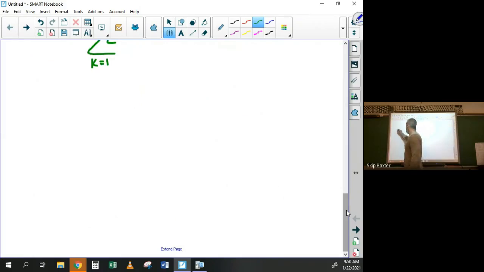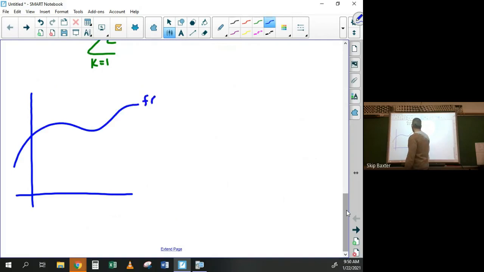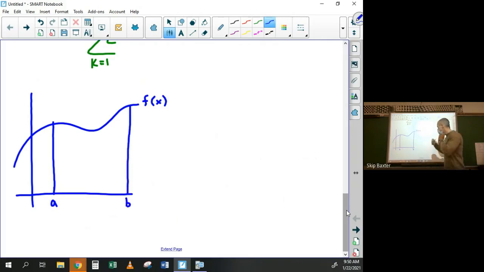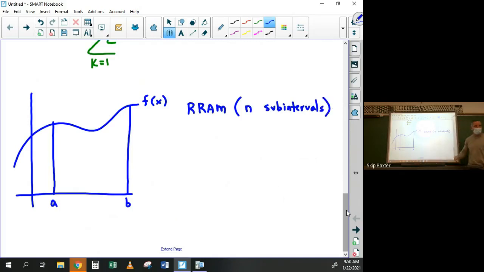So what if it was just a generally random squiggle curve f of x from a to b, and I want to approximate this area using RRAM with n subintervals? Any number. n could be any number.